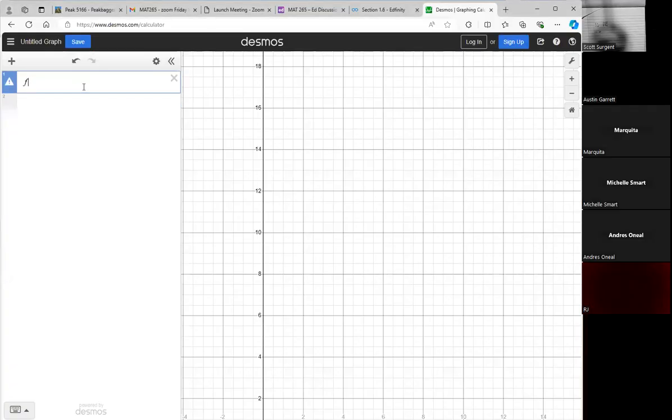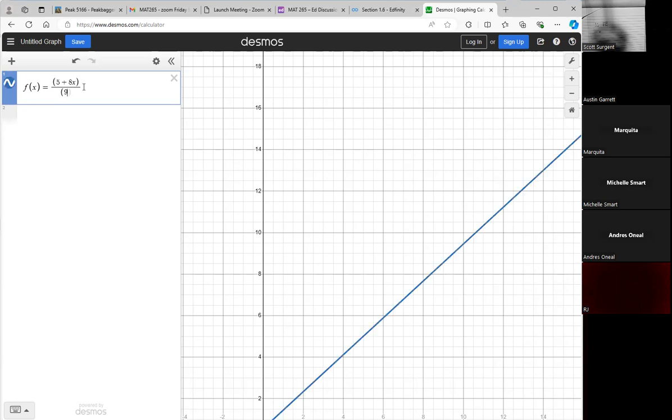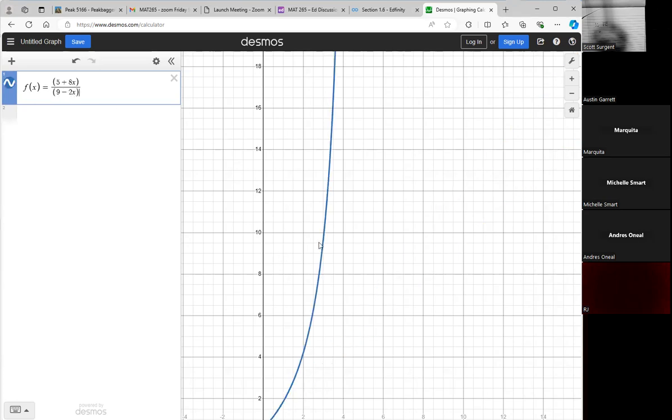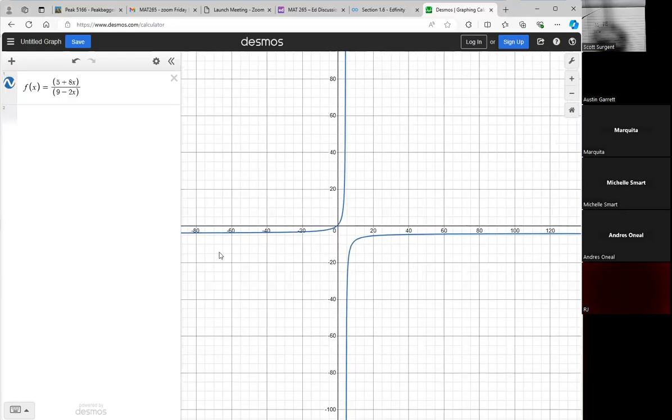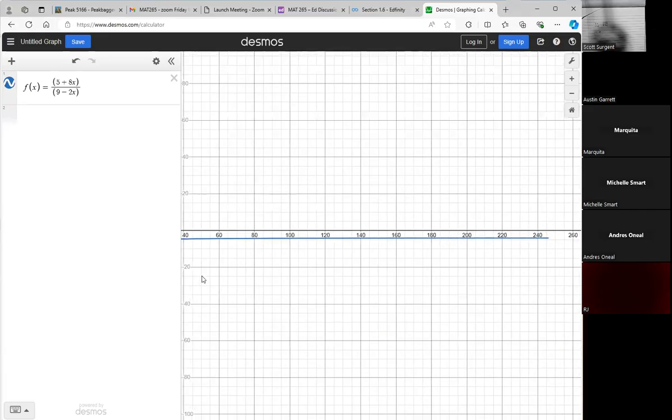You have to do a numerator, so it's going to be 5 plus 8x. And then on the denominator, you're going to get 9 take away 2x. I need to scroll out here. There you go. What we care about is the stuff way to the left and way to the right.